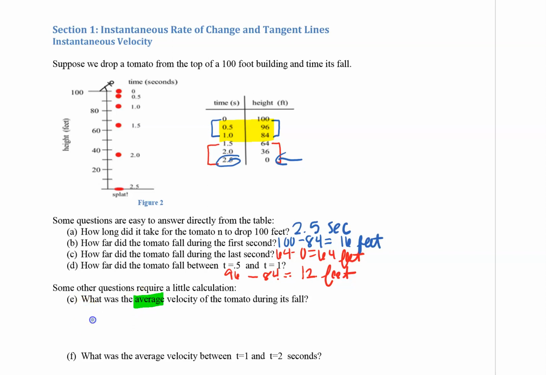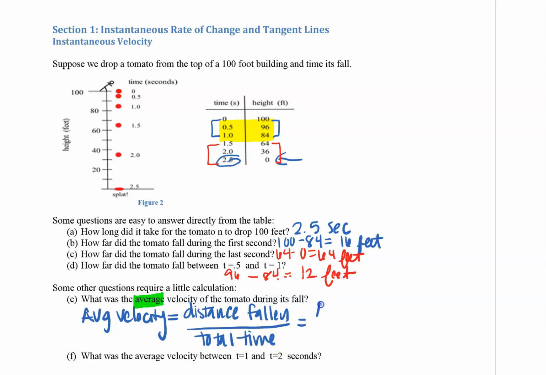If we're talking about the average velocity, we're thinking about the average. We're thinking about the distance it has fallen over the total time.